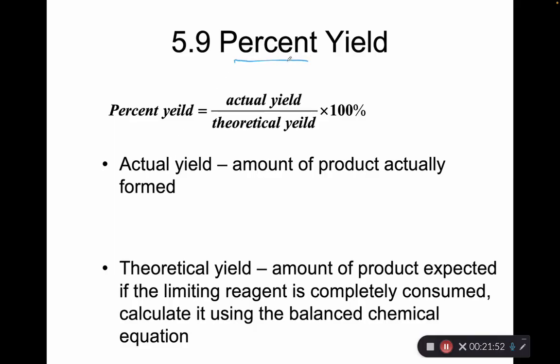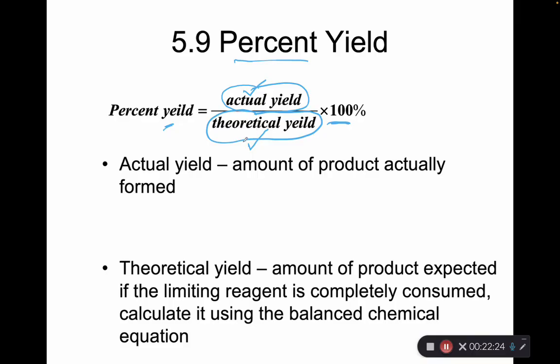The percent yield gives us information about the ratio of the actual yield that was formed out of what you could possibly make. When we multiply that ratio by 100%, we get percent yield. So it means how much you actually end up making out of how much you were expected to make.